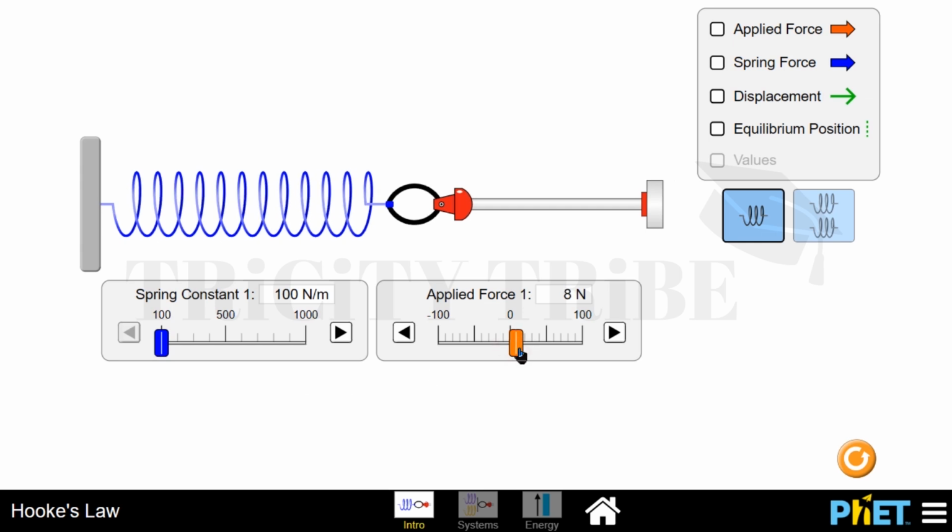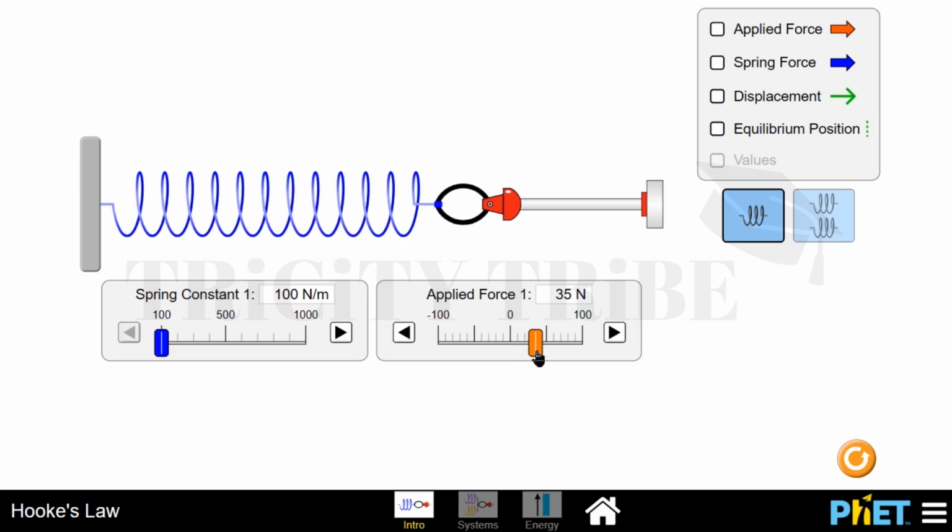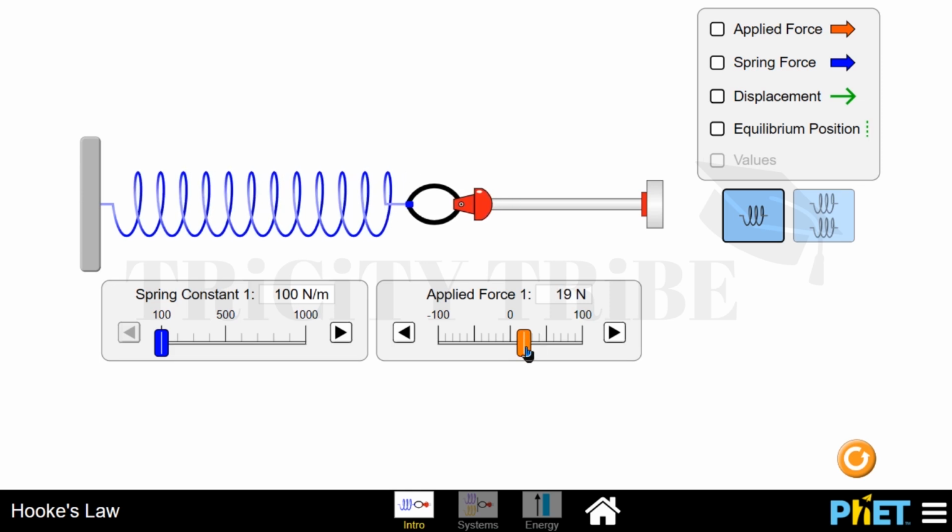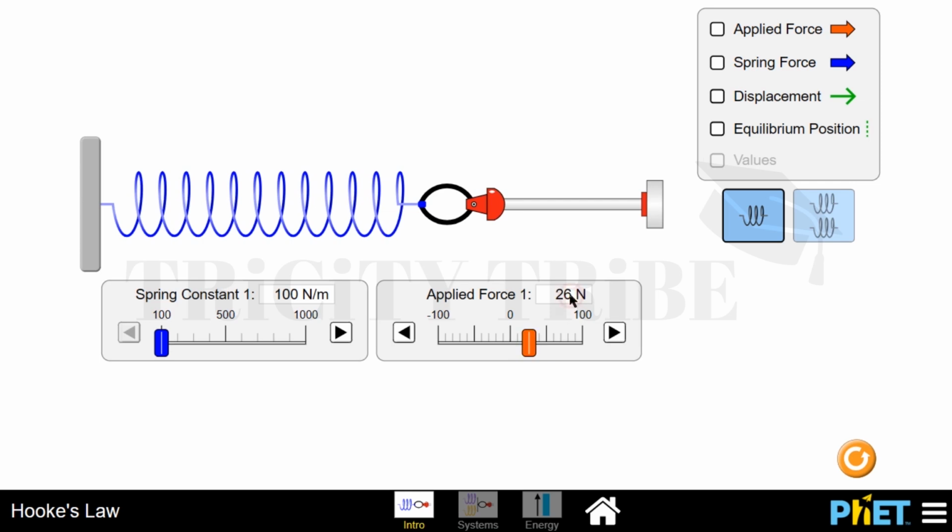Let's apply a force of 24 Newton. Can I click this? I can't click it. Alright, 24 Newton applied force. You can't go below it, unfortunately. I can't go below 100 for the spring constant.